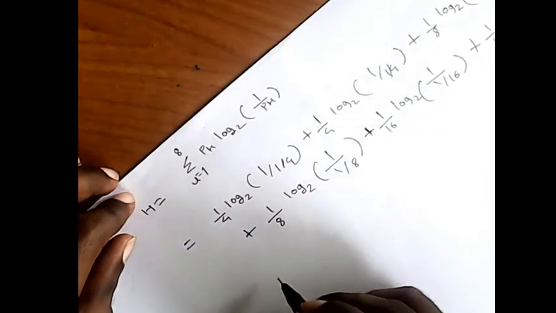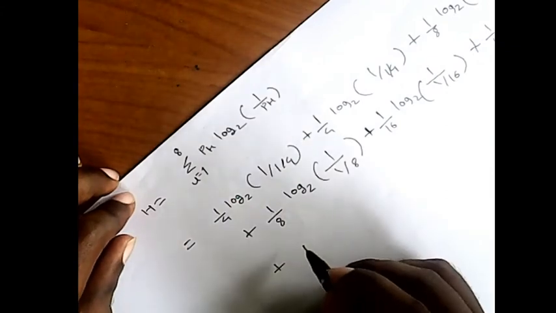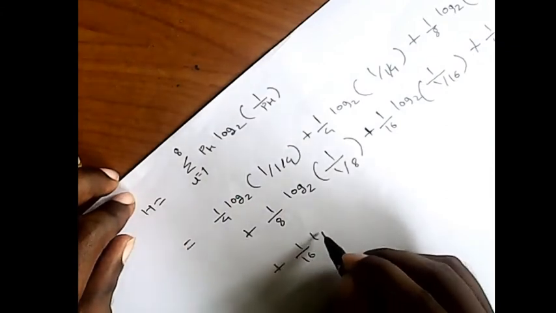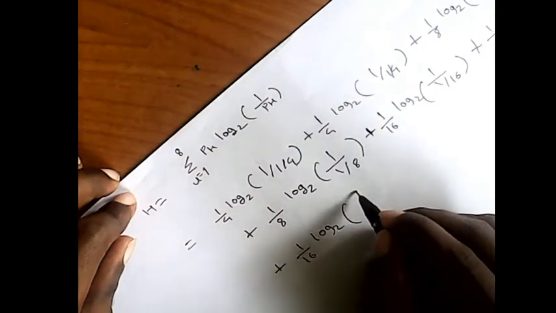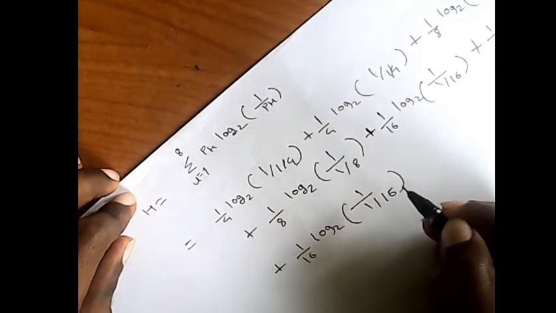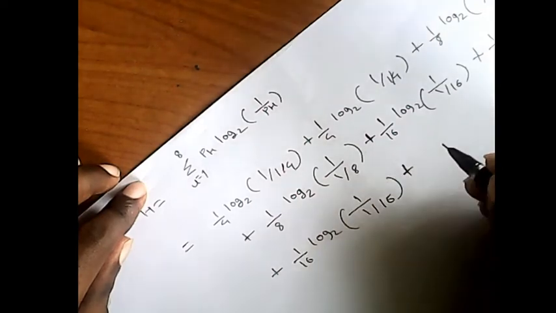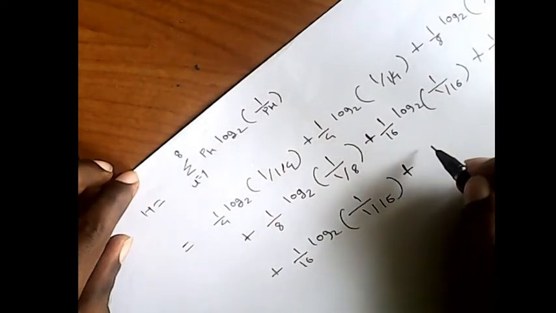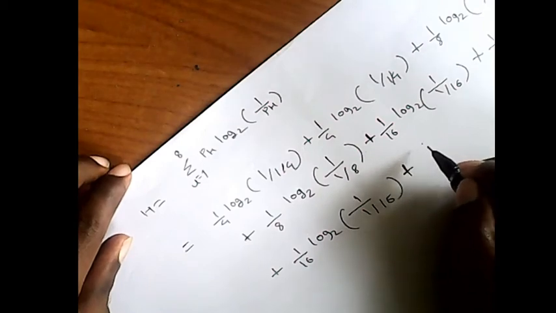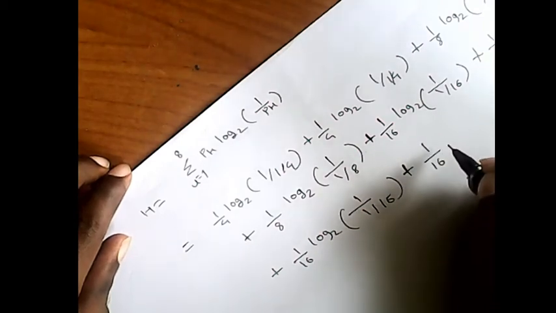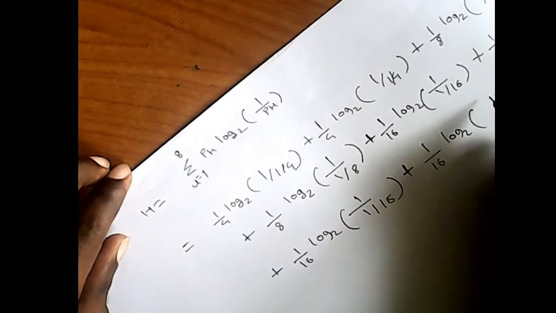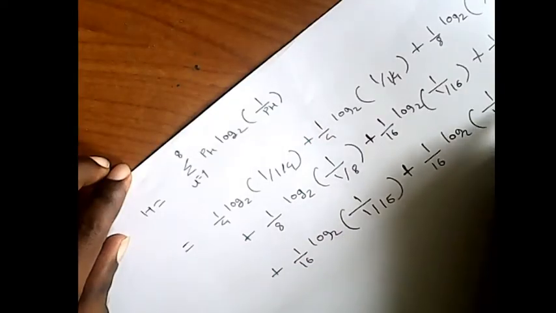Similarly for the S7 symbol, 1 by 16 log to the base 2 of 1 upon 1 by 16, plus again symbol 8, probability 1 by 16 log to the base 2 of 1 upon 1 by 16.